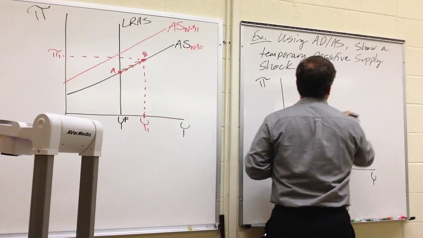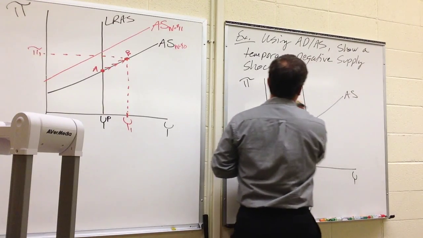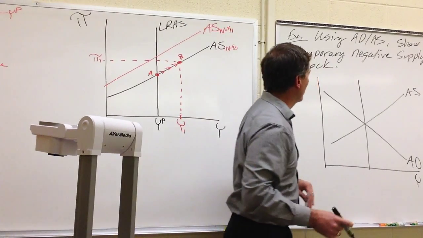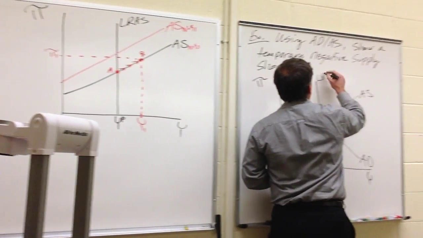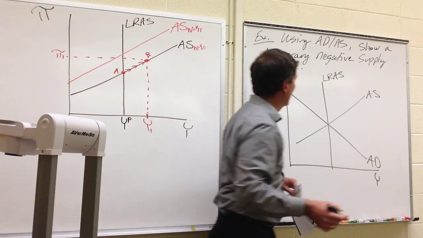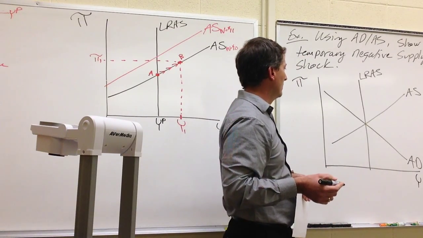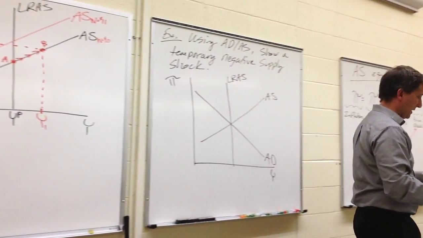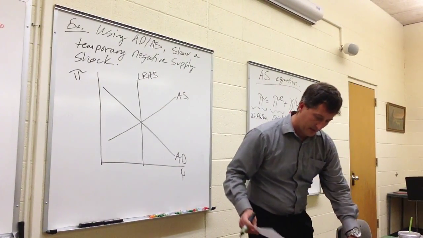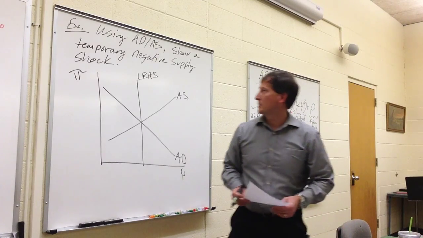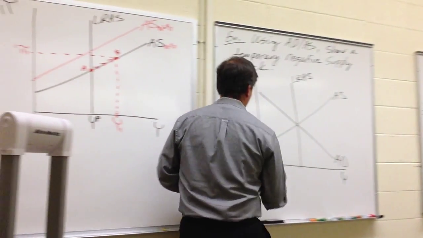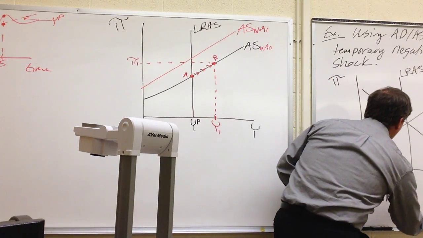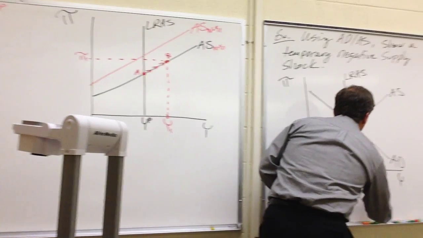So putting all three together, we will start off in a long run equilibrium. And I'll let you guys work on that. So show long run, show short run, and long run change.